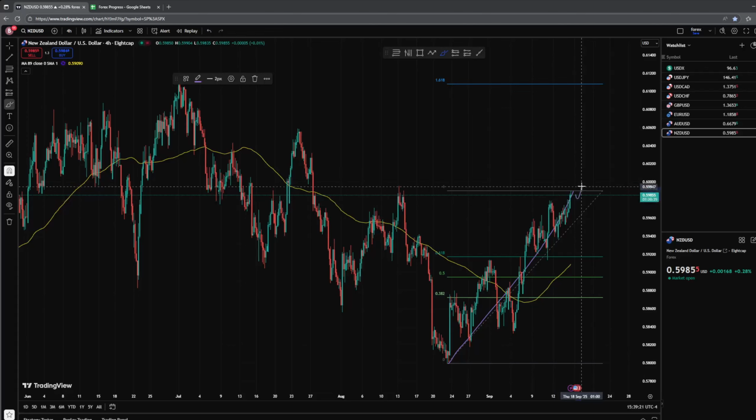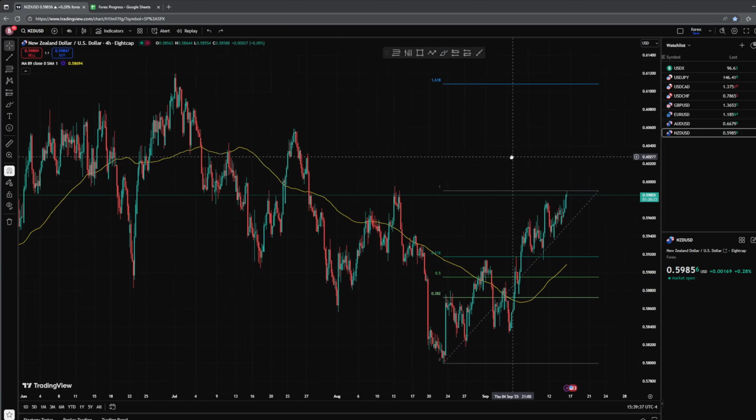Our decision is to wait until the market retraces at least the 50 to 60% zone here. Then we're gonna start buying New Zealand dollar USD. Until that, we're gonna wait.